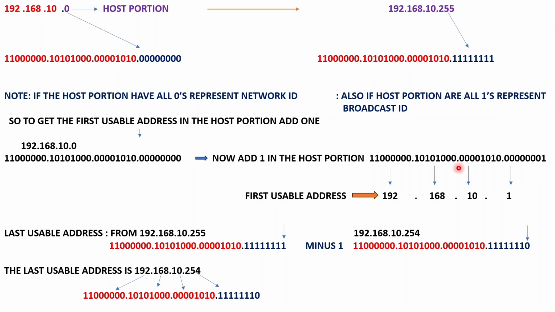So as I said before, for us to get the first usable address, we need to add 1 in the host portion. So I added 1 here, and when you convert this into a decimal number, you get 192.168.10.1. It's very simple. Then once we want to find the last usable address, we come from the broadcast address here.